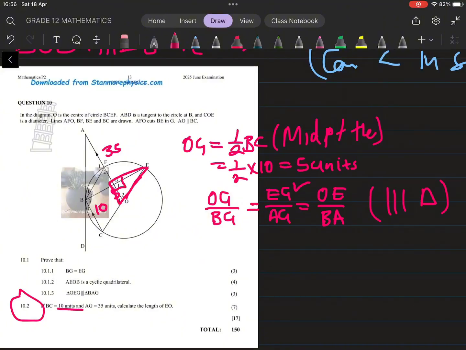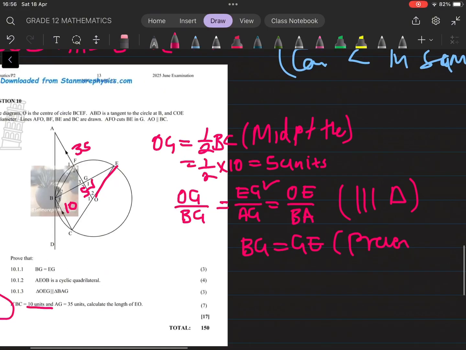If we find GE, then we can calculate OE, because we know that G1 is 90 degrees. Right. Okay, so now I can say BG is equal to GE. It is proven. Then I can replace BG there with GE.